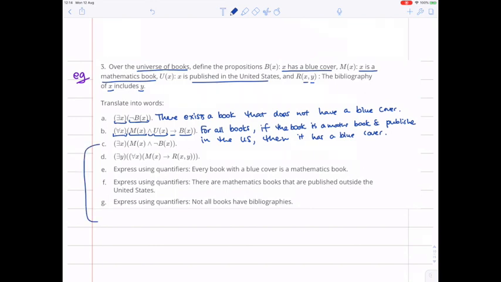All right, let's have a look at C further down here. So now we've got there exists a book in the universe such that it's a mathematics book and it doesn't have a blue cover.